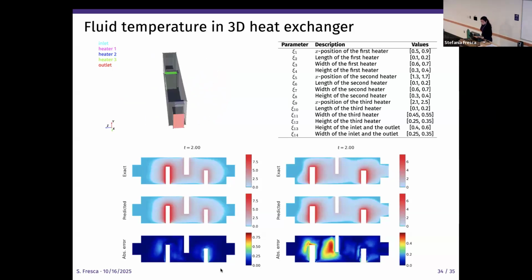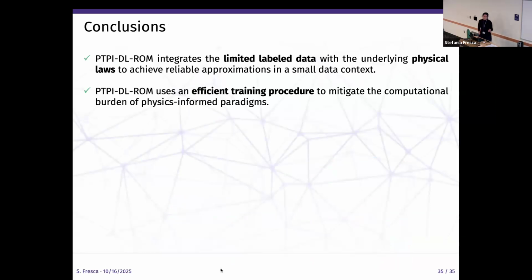So, concluding, we started with a general introduction, then we moved to PTPI DL-ROM, pre-trained physics-informed DL-ROM. It integrates the limited available data with the underlying physical laws to achieve a reliable approximation in small data contexts. It also uses an efficient training procedure in order to mitigate the computational burden associated with physics-informed paradigms.